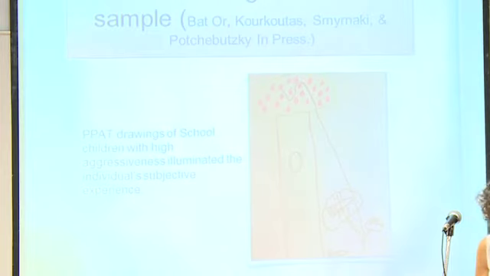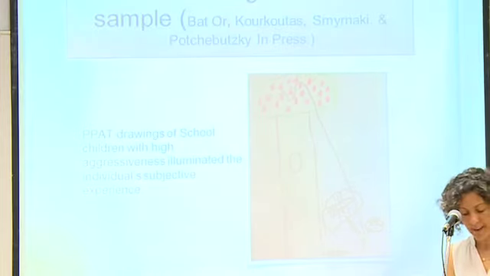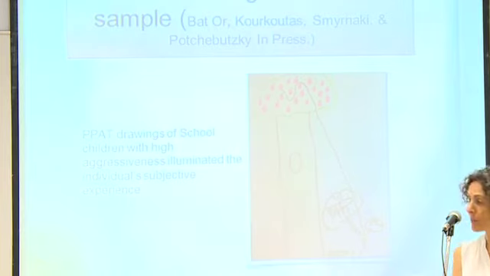So we collected 20 PPAT drawings of children with high aggressiveness and 20 PPATs of children low on aggressiveness, and found more rival themes in the PPATs of the children with high aggressiveness versus the other group. This finding may illuminate their subjective experience, accompanied by aggressive fantasies, death anxiety, and more.